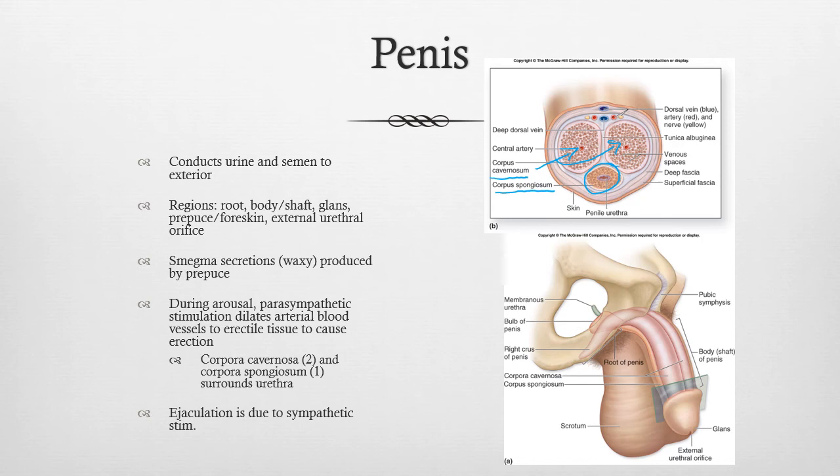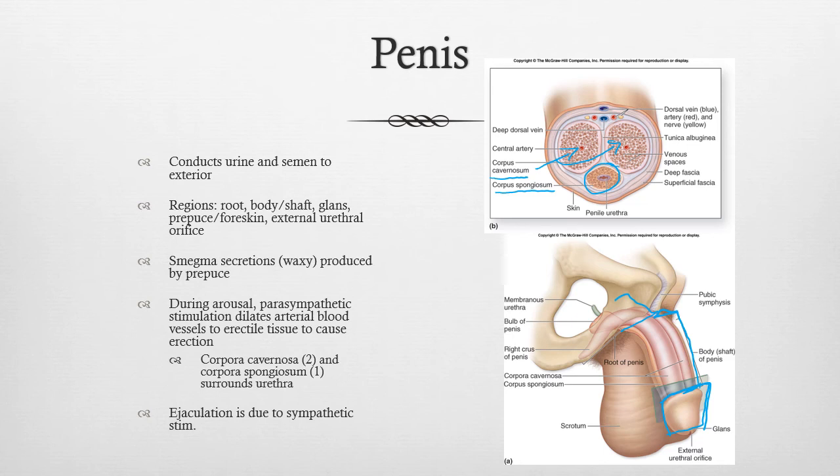The penis can also be divided up into the root and then the body of the penis, and then the glans. The glans is covered typically by the prepuce or the foreskin, which provides protection to the glans itself.